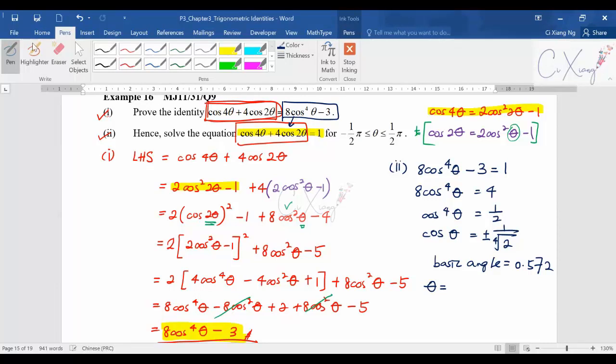The theta is between negative half pi and positive half pi. That means you need to go through one quadrant in clockwise direction and one quadrant in anti-clockwise direction for cos. So you should have 0.572 and also negative 0.572.